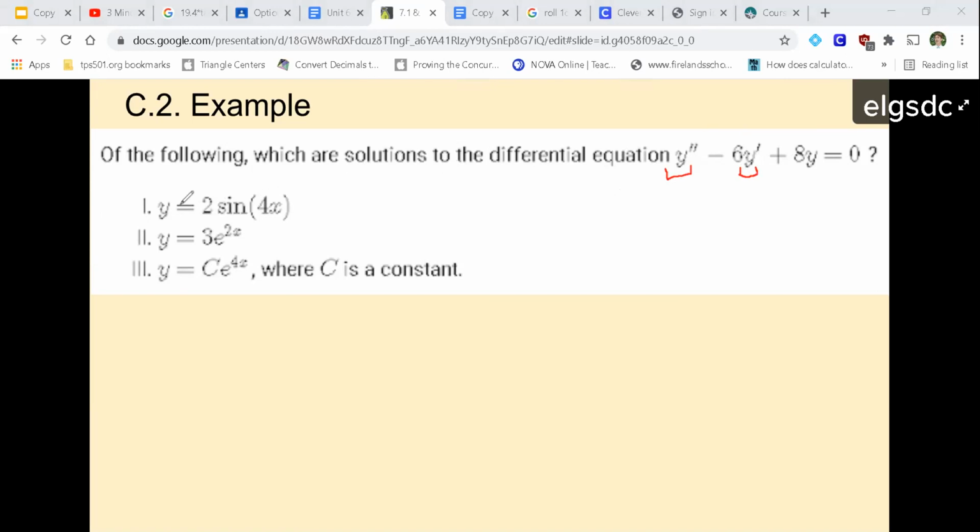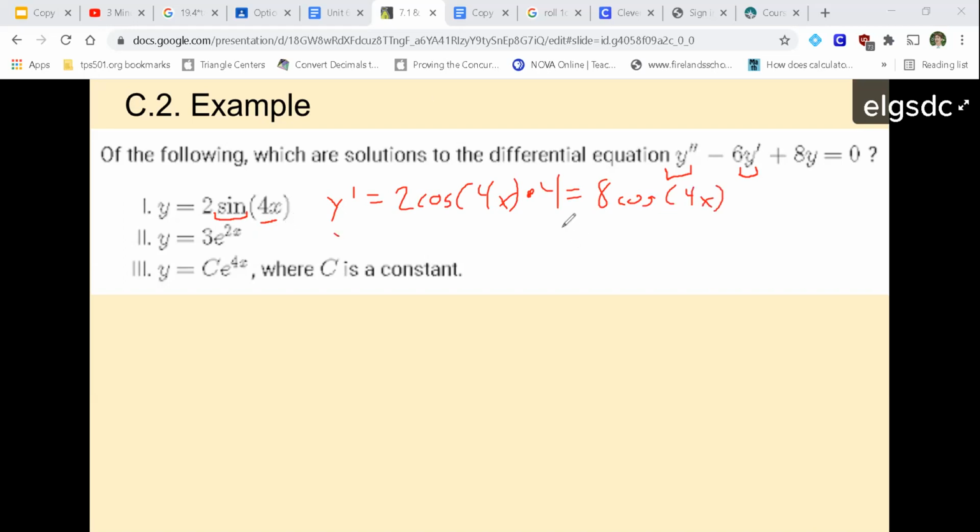So first derivative, y prime. This is the chain rule. So we do derivative of the outside. Derivative of sine is cosine, multiplied by the derivative of the inside. Derivative of 4x is 4. So this is 8 cosine of 4x.